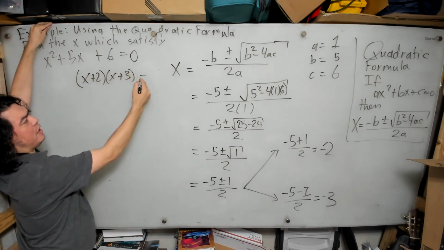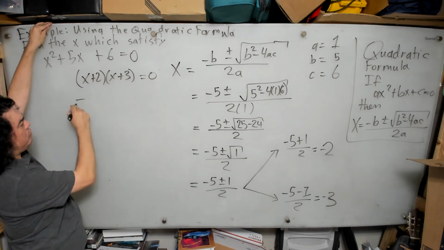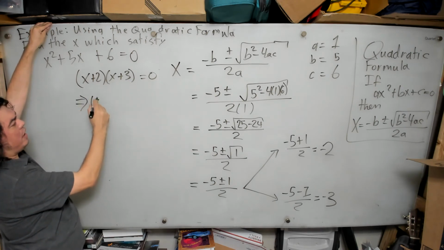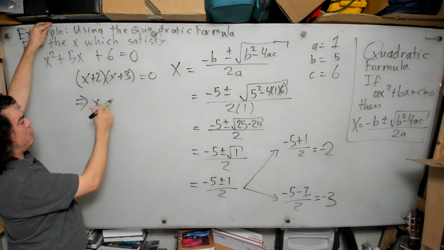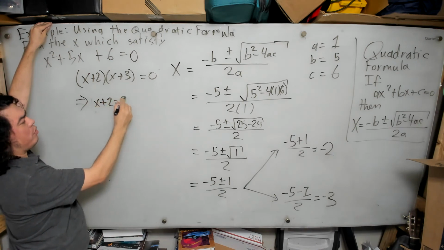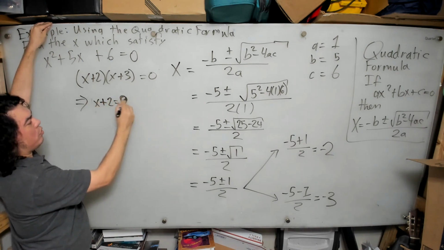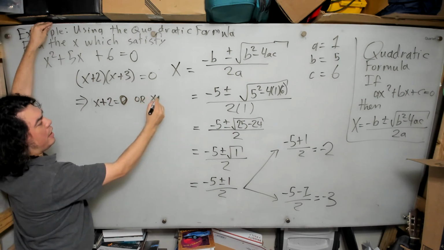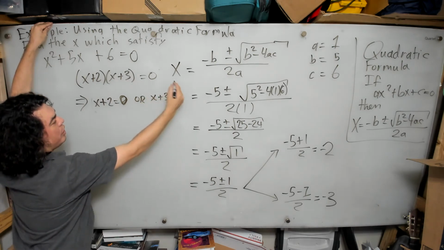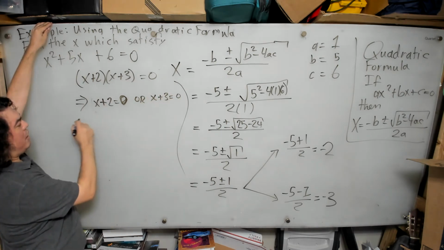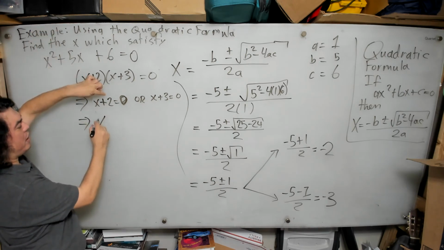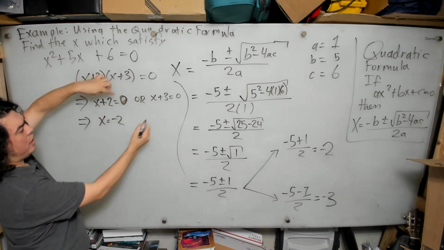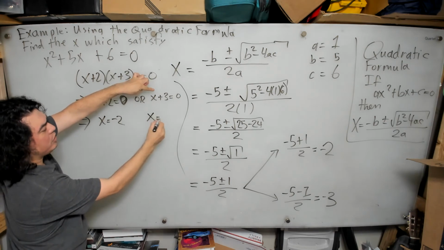And so now we can set that equal to 0. That implied that either x plus 2 equals 0, or x plus 3 equals 0, right? And that implied, if I subtract 2 here, I get x equals negative 2. And if I subtract 3 here, I get x equals negative 3.